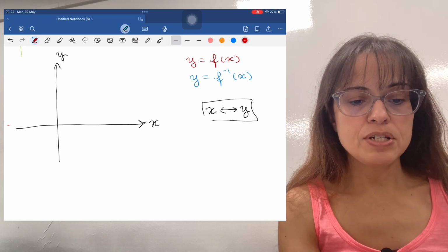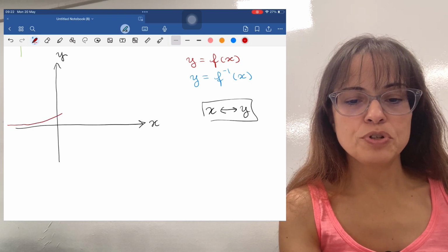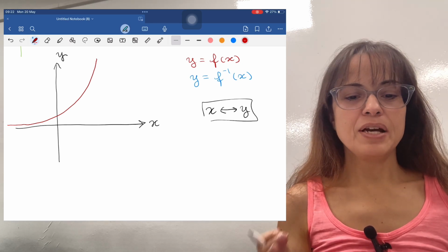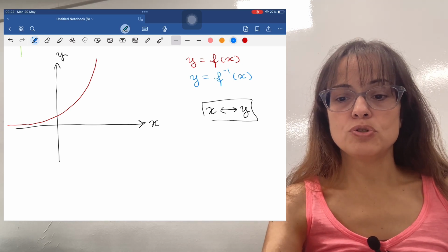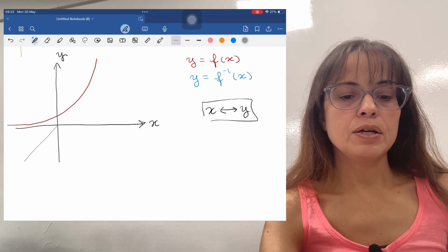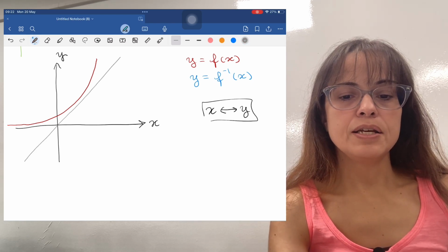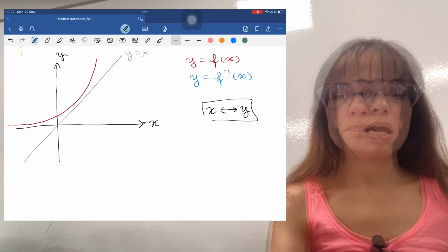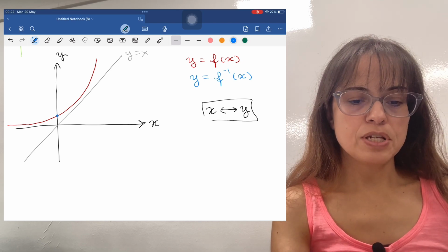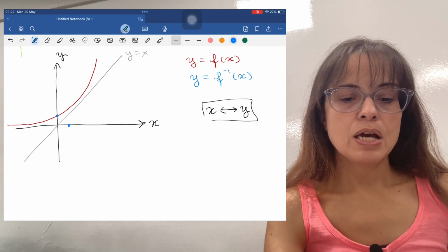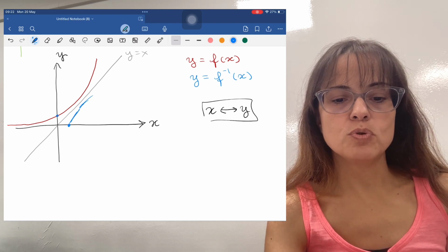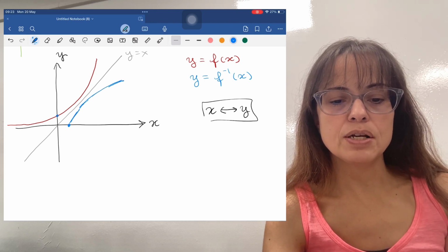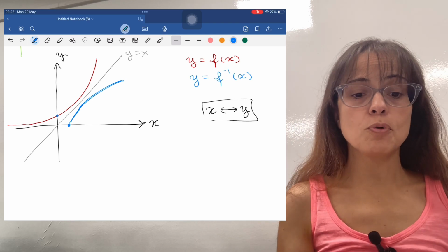For example, if I start with an exponential function here, this is my f of x, and now I'm going to sketch the inverse function to that. So I need my y equals x line here to reflect over, and I'm going to switch the y-intercept with an x-intercept. I'm going to get closer to the line here as the red one does, and then I'm going to go farther away again over there like I was talking about in the previous example.